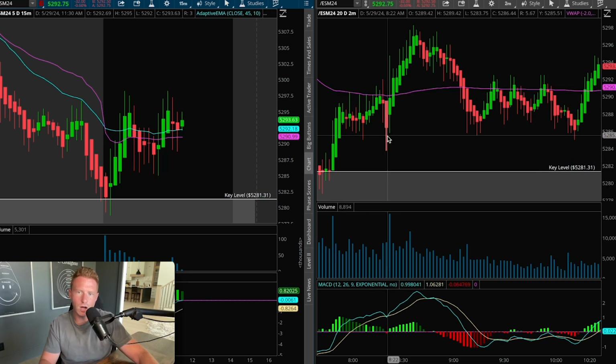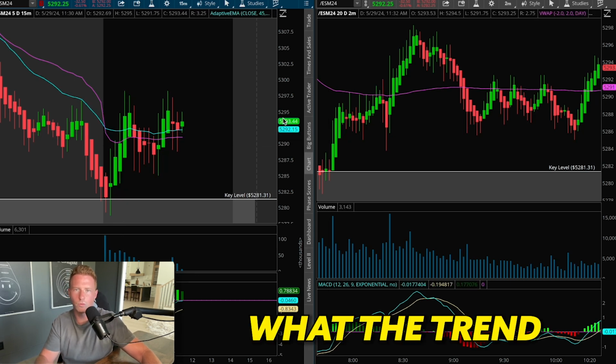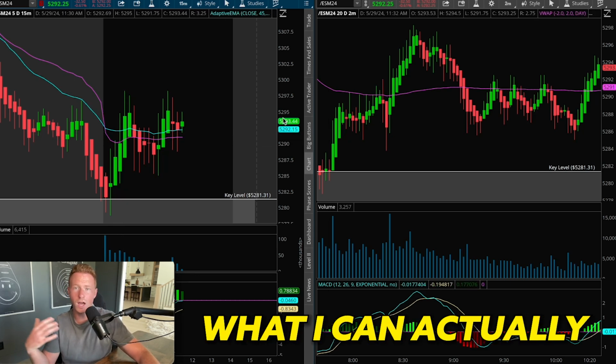So when we sold off and then got bought up with this huge volume, this is where I got pretty interested in going long. This told me that the trend was up because at 8:24, when this candle closed on the 5-minute time frame, we started to get above these 2 lines. And again, these 2 lines usually tell me what the trend of the market is.